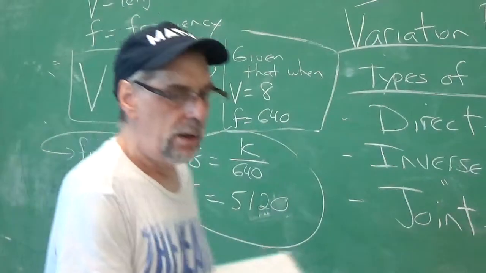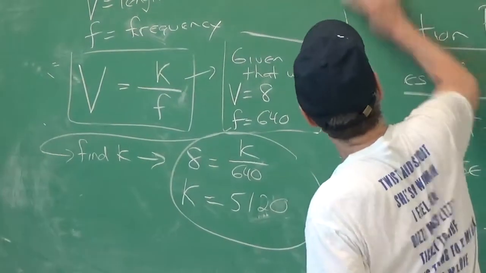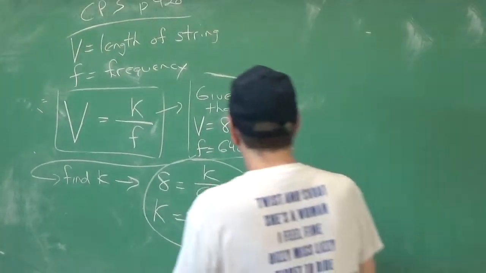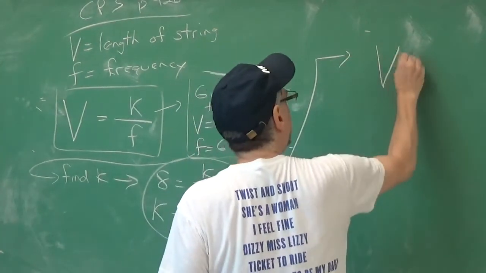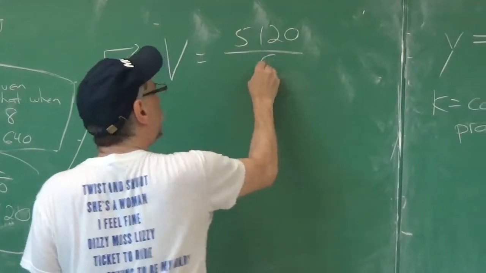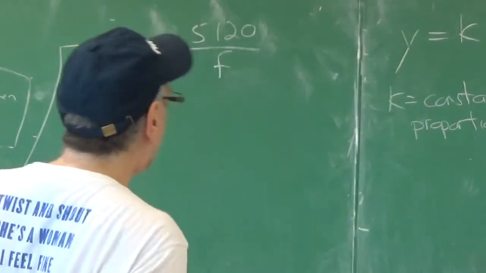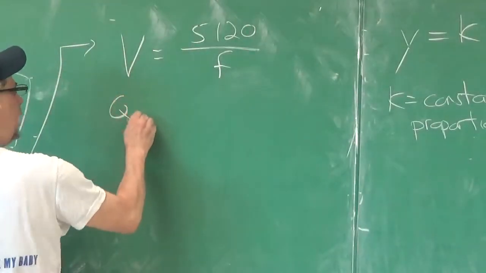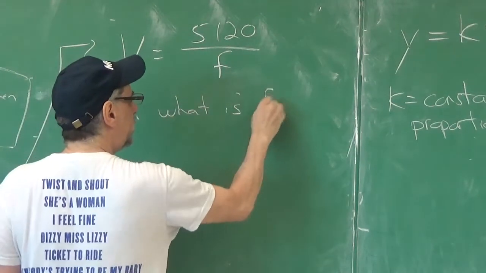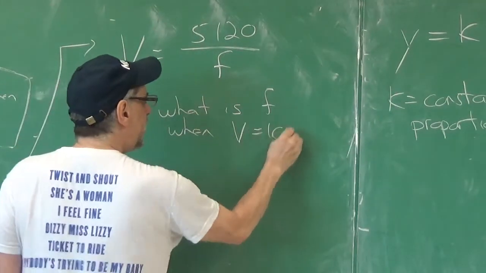Now we can plug that into the formula and answer the next question. So V equals 5120 over F. The follow-up question is, what is the frequency of a 10-inch string? So basically we're saying, what is F when V is 10?